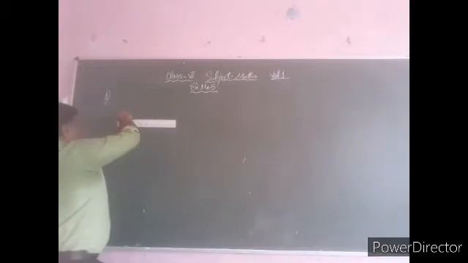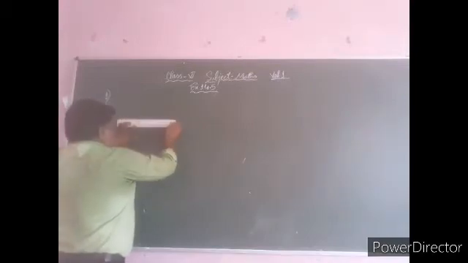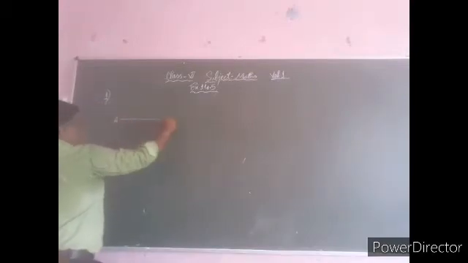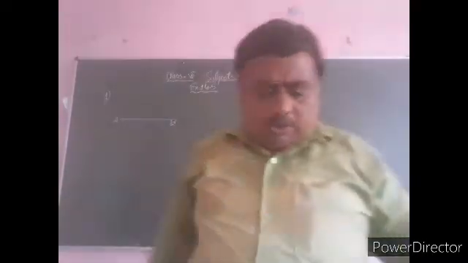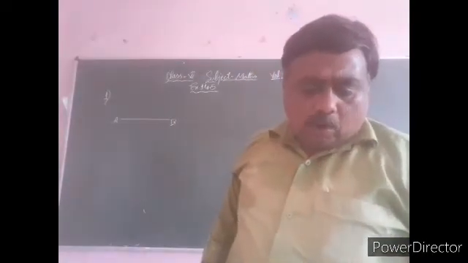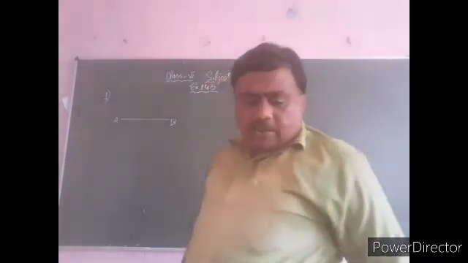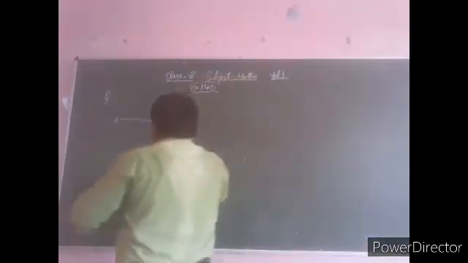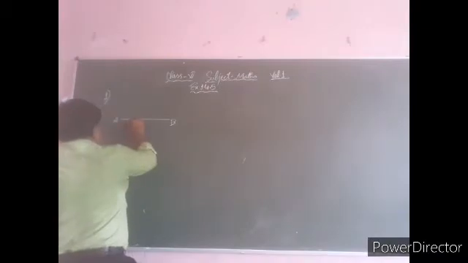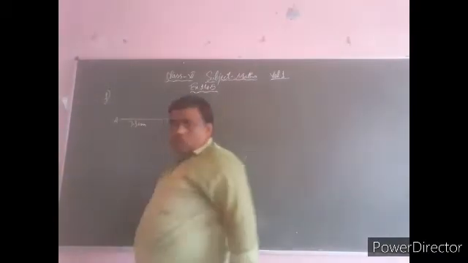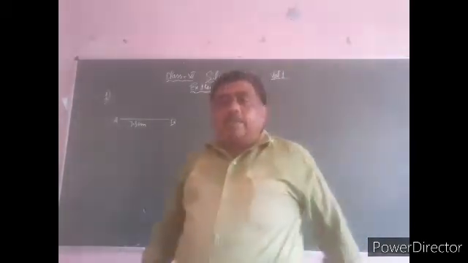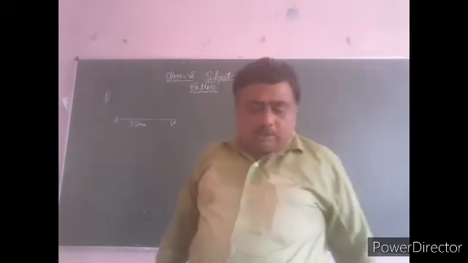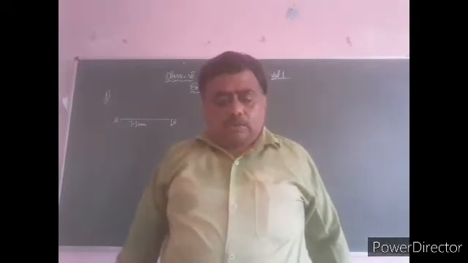A line AB is drawn, of length 7.3 centimeters. Step number 1. A line AB equal to 7.3 centimeters is drawn.